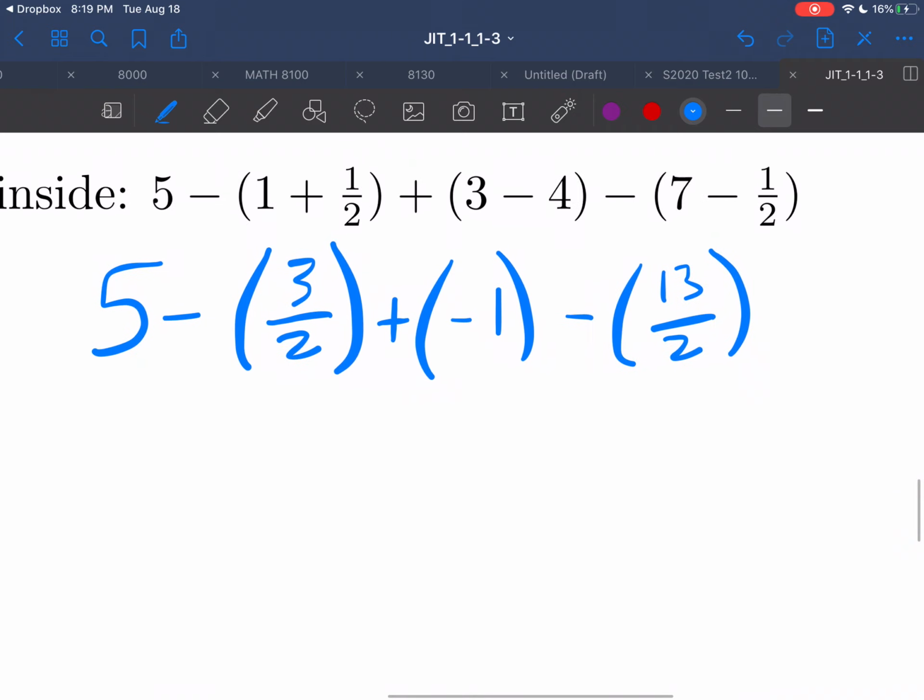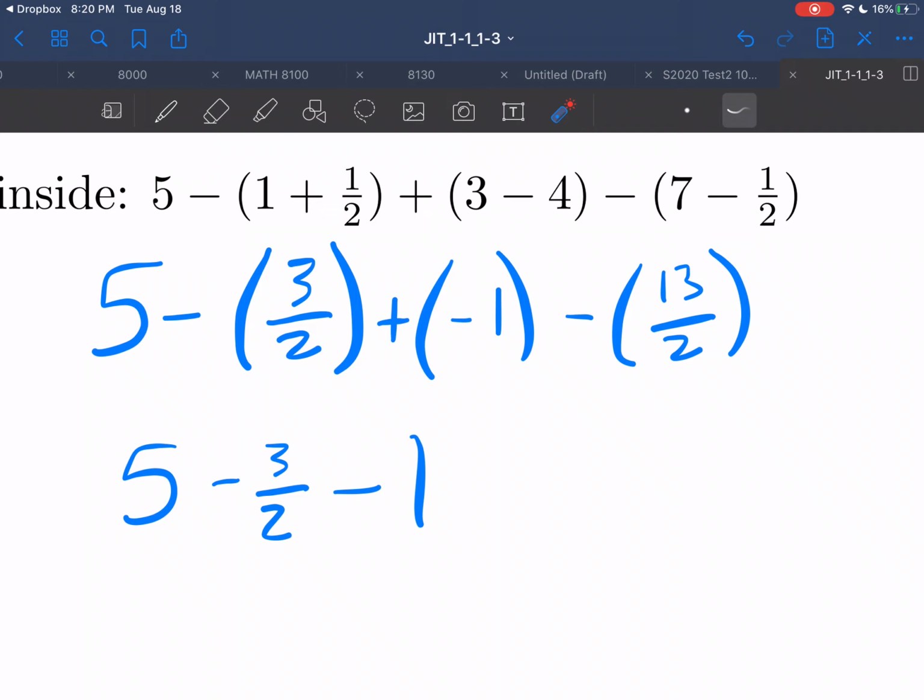All right, so now we can drop our parentheses, so it ends up being 5 minus 3/2 minus 1. You'll notice I started writing a plus because of this plus here, but because the number inside our parentheses is negative, that's the one that sticks. You can think about it as positive times a negative, then it's going to be a negative.